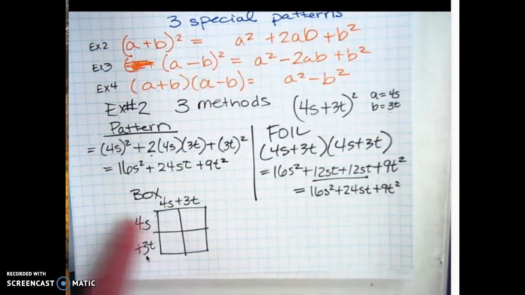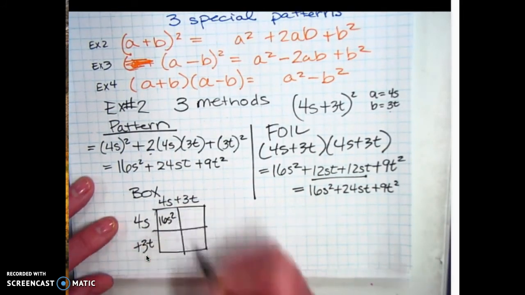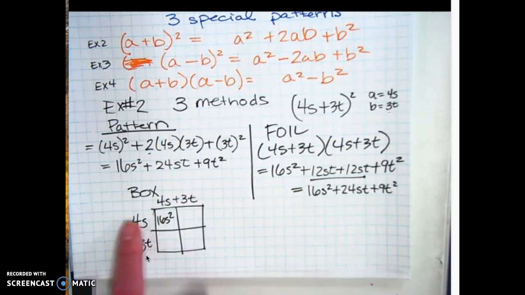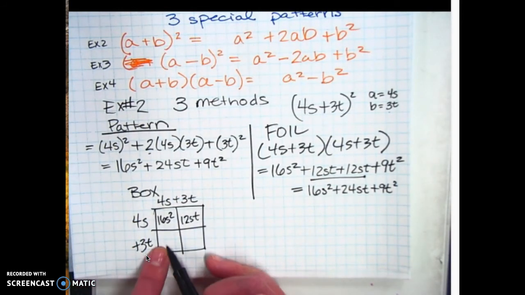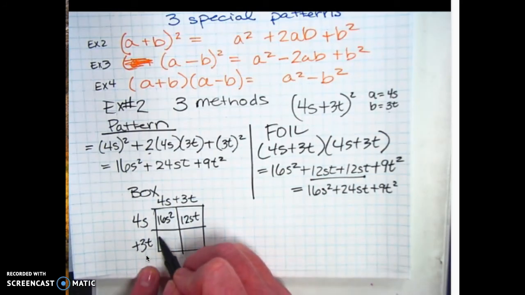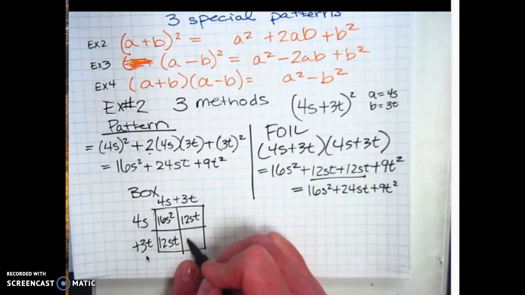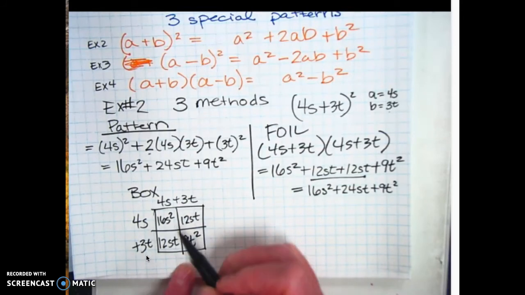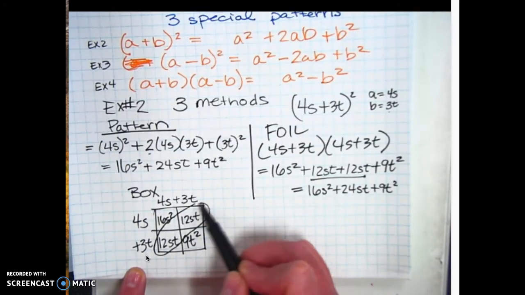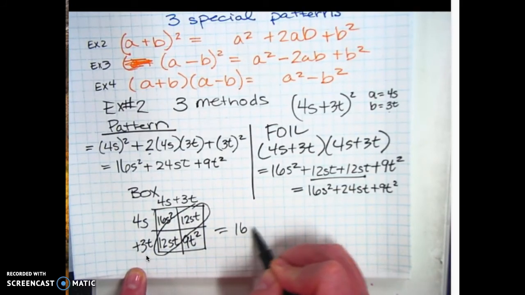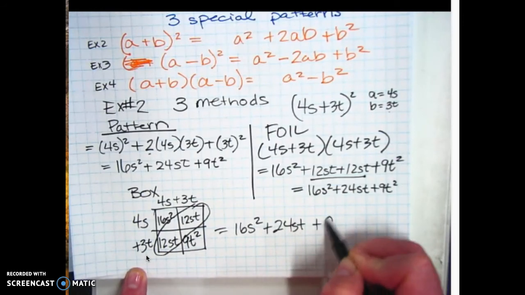So for this box, it's 4s times 4s, which is the 16s squared. In this box, above it and to the left, so 12st. This box above it and to the left, so another 12st. And then this box above it and to the left, so 9t squared. When you do the box method, these two are going to be the ones that combine, and you'll get 16s squared plus 24st plus 9t squared.